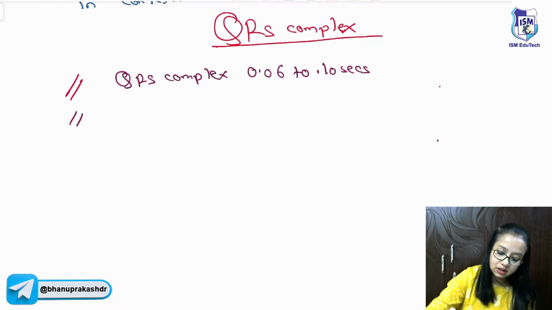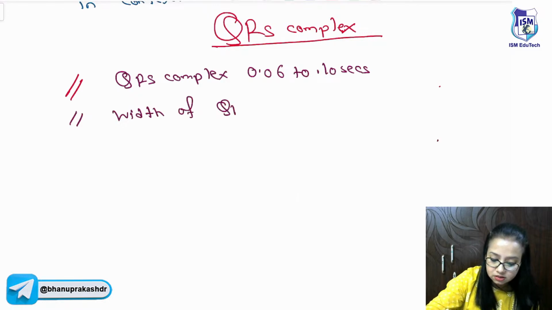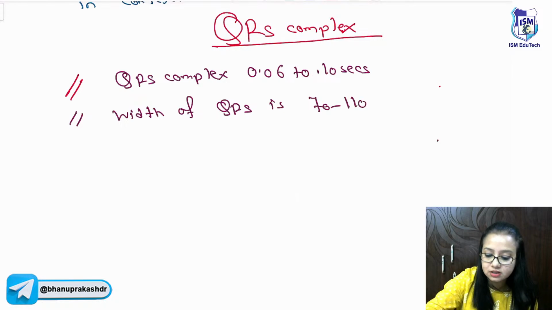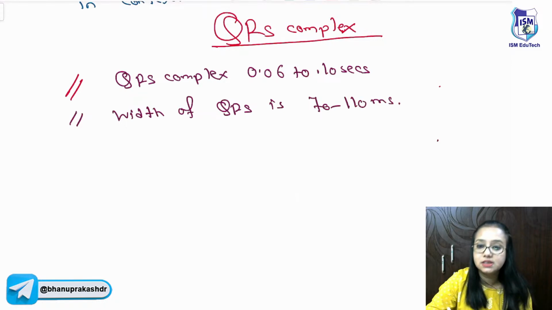And if we specifically measure the width of QRS, it is between 70 to 110 milliseconds.